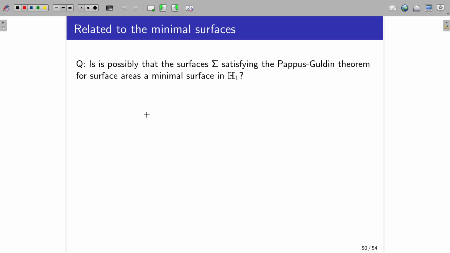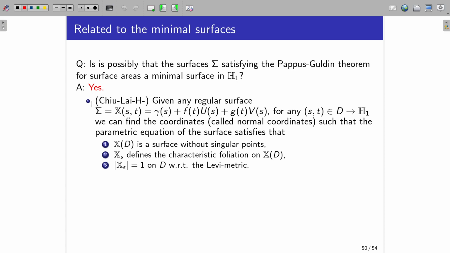We ask a question: is it possible that the surface sigma satisfies the Pansu-Gooding theory, and also which is a minimal surface? Okay, so we ask when the surface is a minimal surface. The answer is yes.